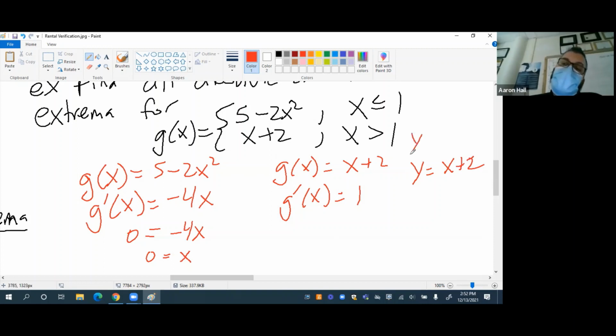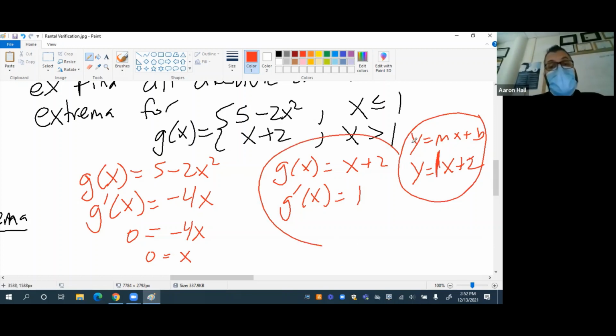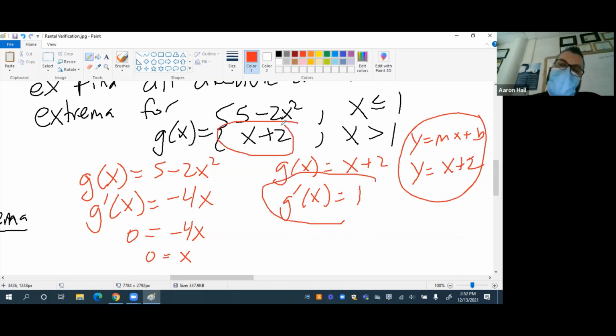Based upon your understanding of y equals mx plus b, what is the slope? It's 1. And we calculated it using calculus as well, that it's 1. So Riley said that this piece over here doesn't have a 0 slope anywhere, because the slope is always going to be 1.